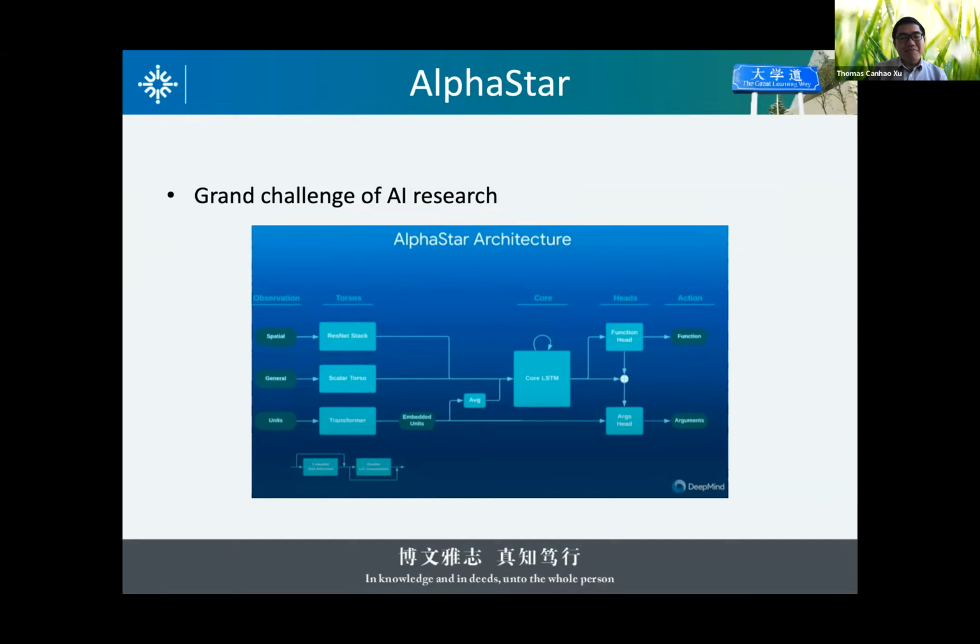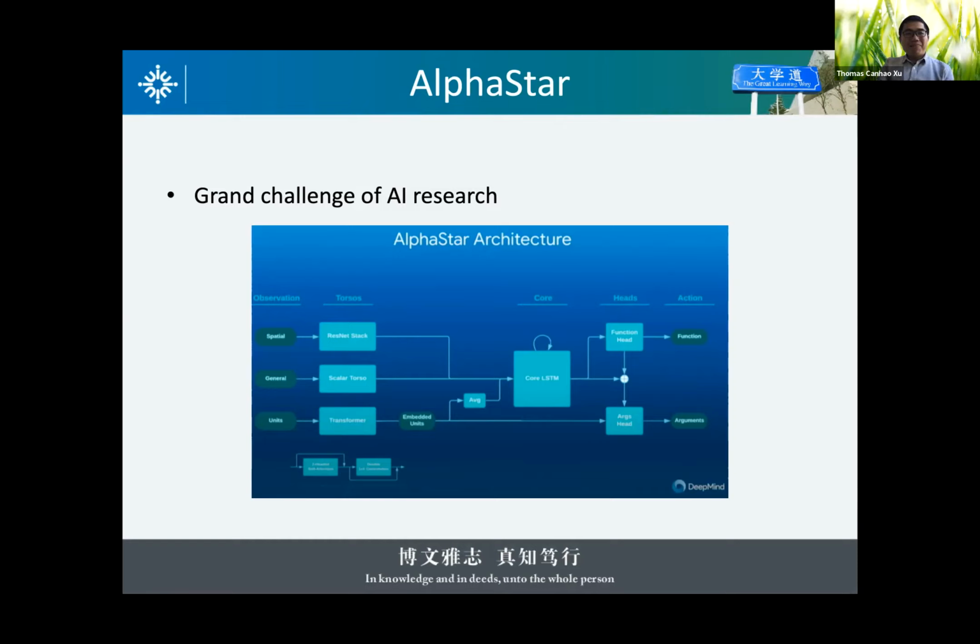Their architecture is based on residual networks, the ResNet, and also the transformer and the long short-term memory, or LSTM, and a lot of other things. Based on this neural network architecture, they have demonstrated they can defeat the best human players.